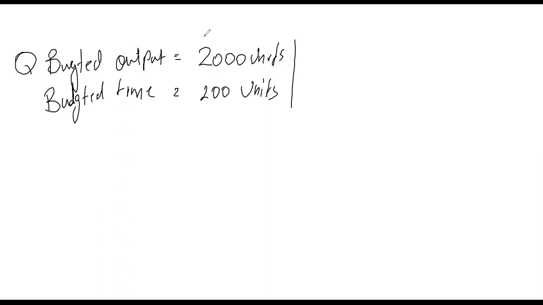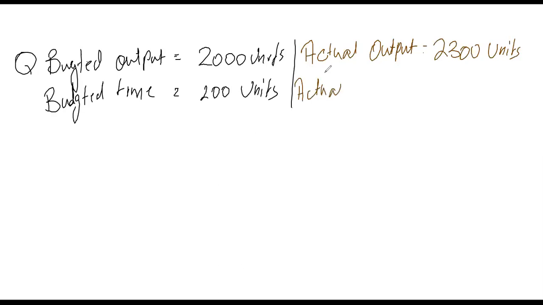Now comparatively, the actual figures that we are given: actual output for the period is 2300 units. This means that we have produced more than the budgeted, and actual hours taken to produce these are 180 hours. Now, the question states that you need to calculate three ratios.